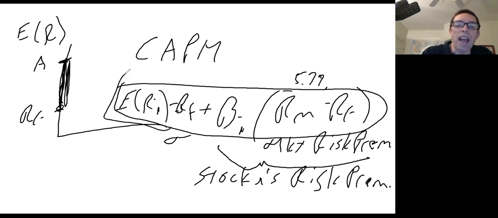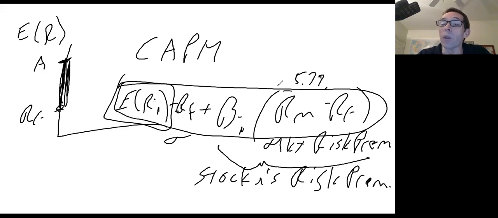So this is how we come up with the expected return or required return for an individual asset. We say investors expect at least the risk-free rate, and then if it's a risky asset, they expect a risk premium. How much risk premium? Well, the market risk premium is an average risk premium. If the stock has a beta greater than 1, that means that it's a higher than average covariance with the market.